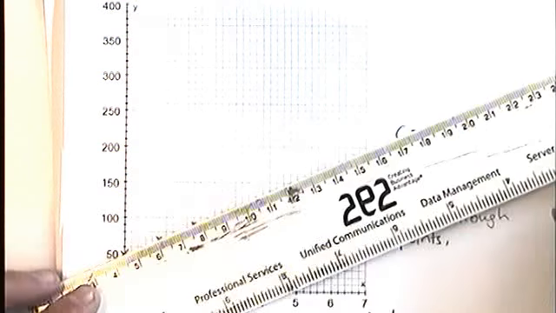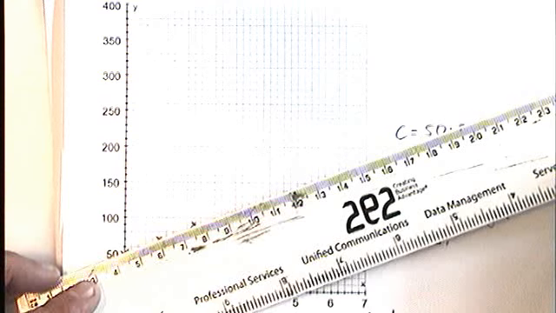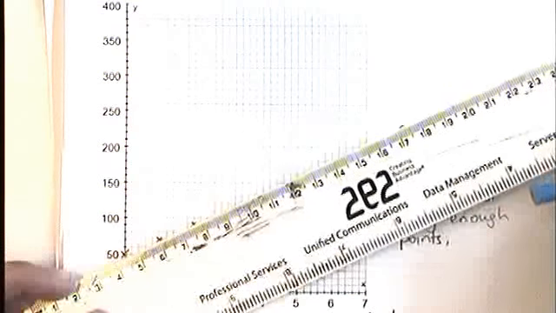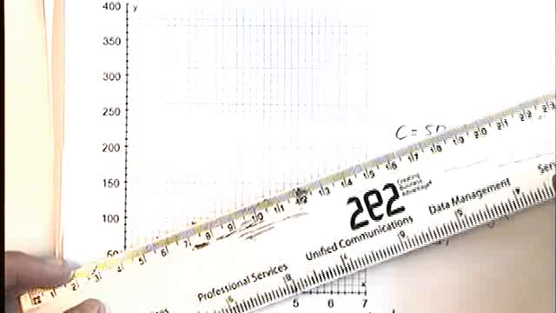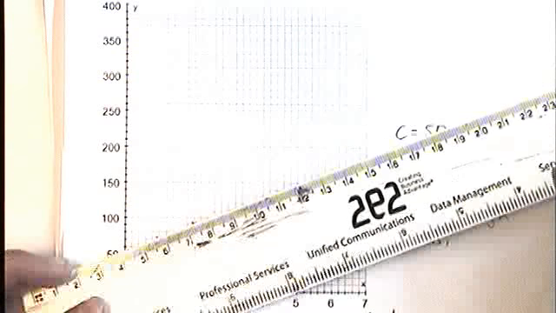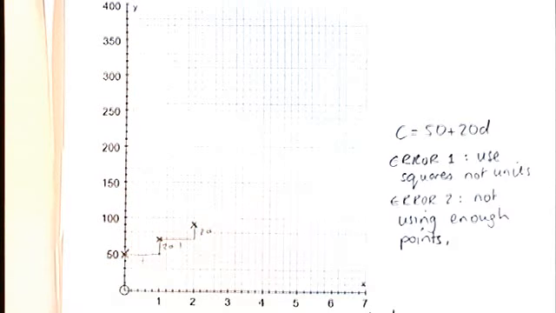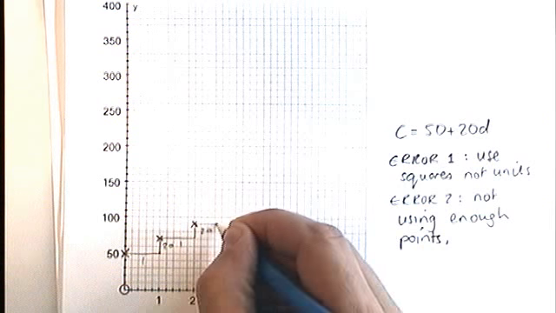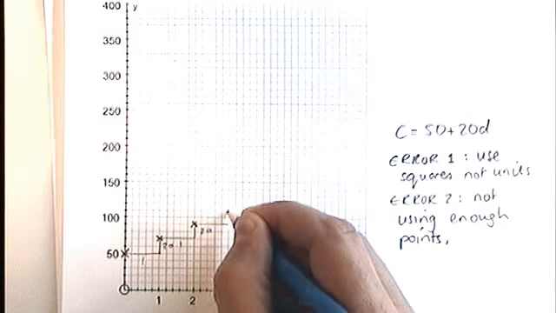I could sort of put my ruler like this, or I could put it like that, or I could put it like that, and it's all sort of going through all 3 crosses. There's just a lot of room for error if you've got 3 points which are all really close to each other.